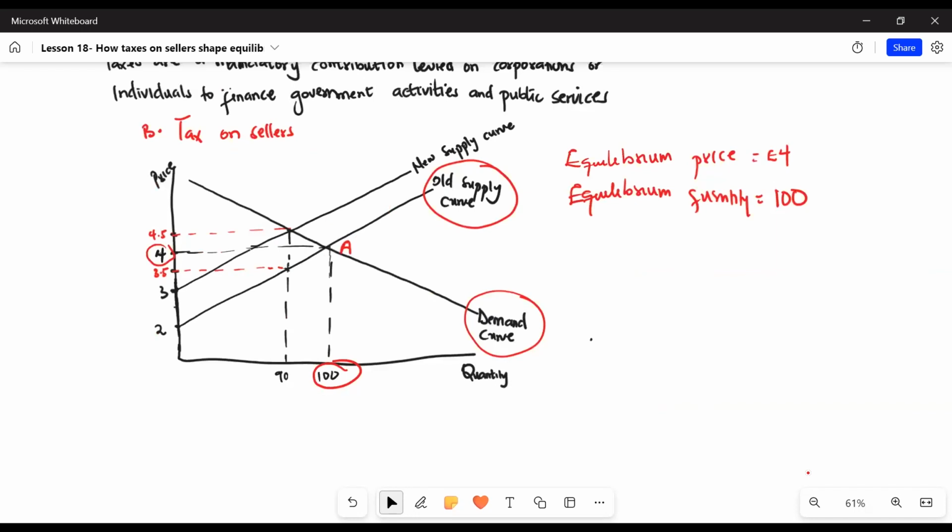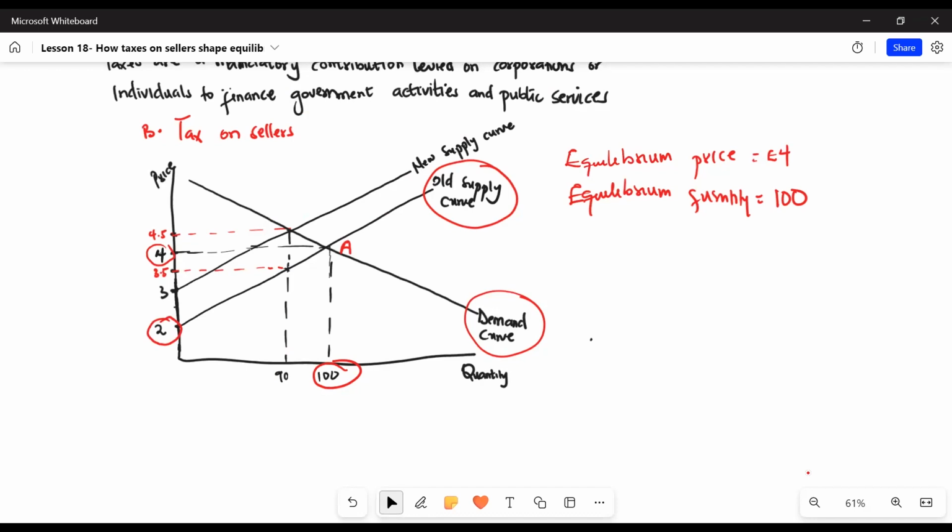Now, let's assume that the government introduced a tax of £1 per apple sold. So for every apple that the seller sells, they have to pay £1 as tax to the government. Now, you can see from the graph that the supply curve will shift up by £1. So the intersection of the supply curve here is 2.